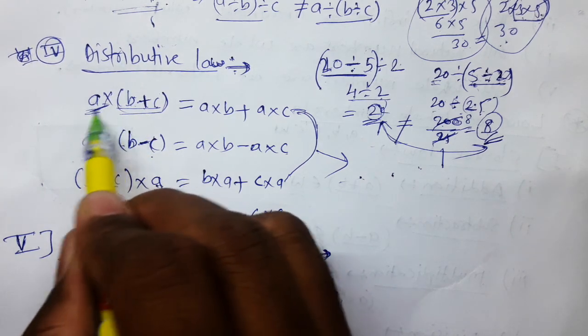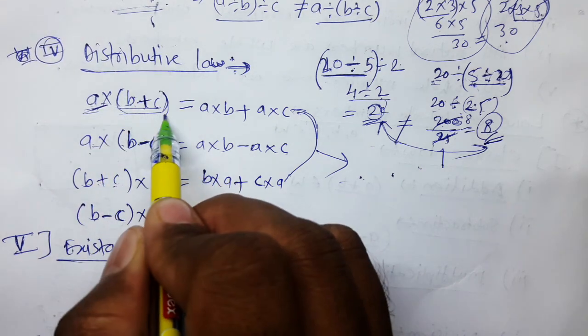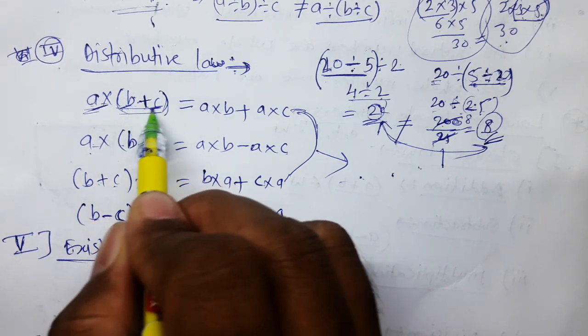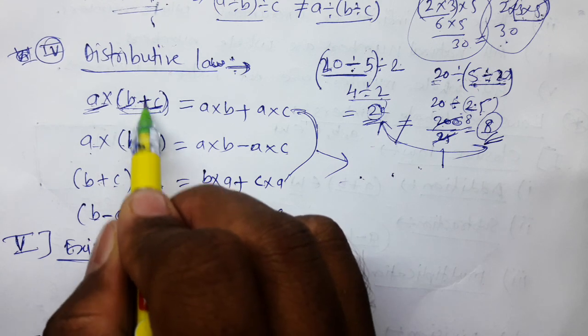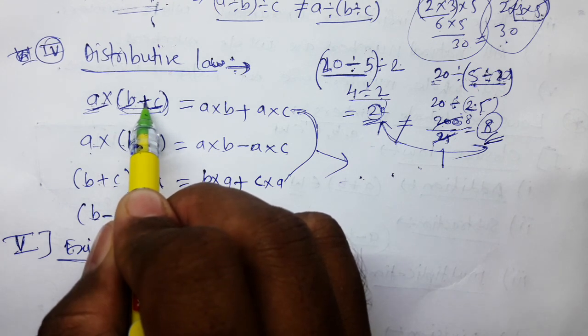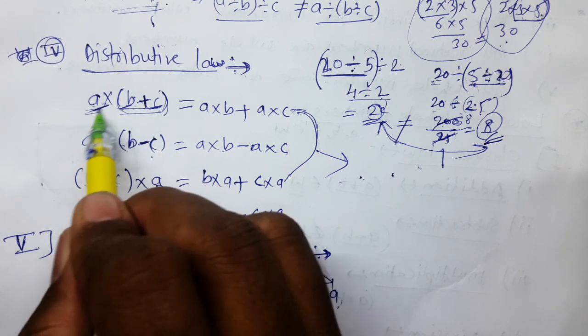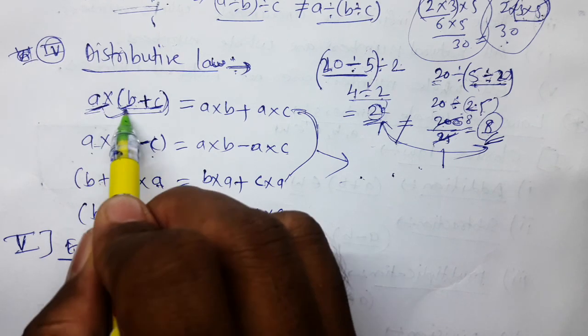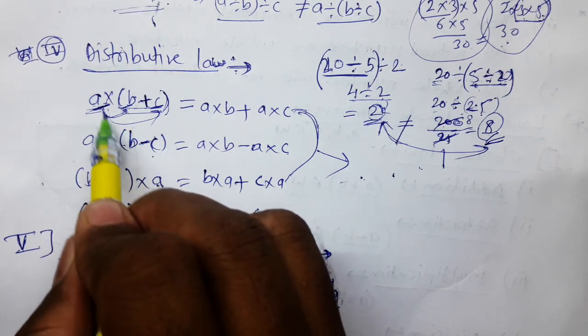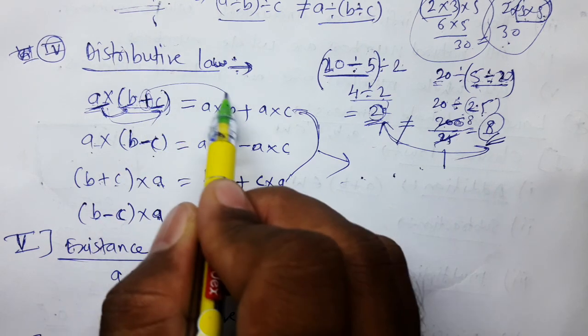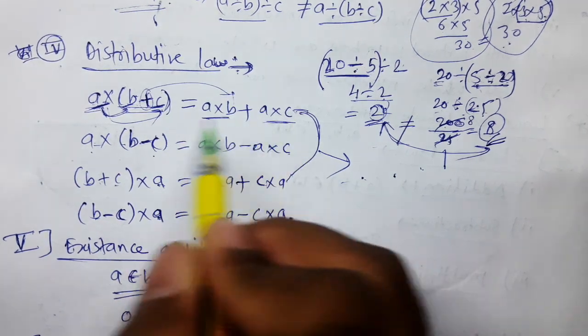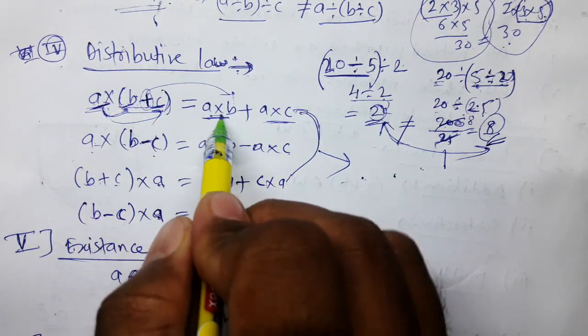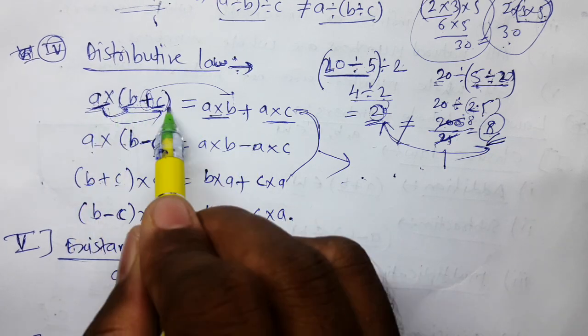If we multiply A to the bracket, and in the bracket there are two terms with a plus sign in between, then we have to multiply A to both these numbers and put a plus sign between them. So A into B plus A into C.